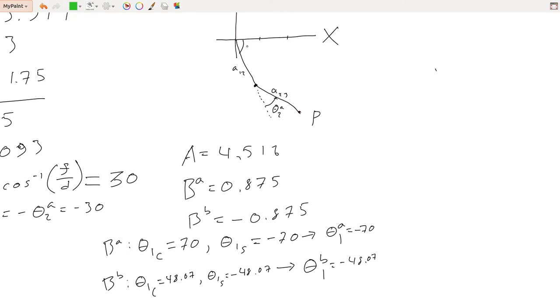And then for the other configuration, theta 1b is minus 48, so that's something like that. And then theta 2b is minus 30 degrees.